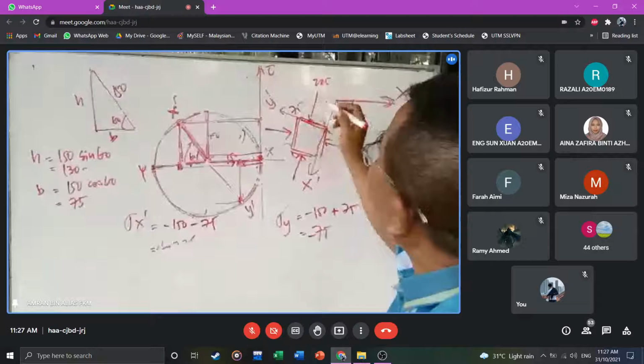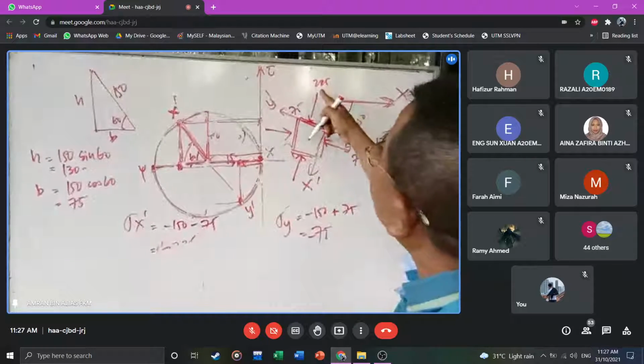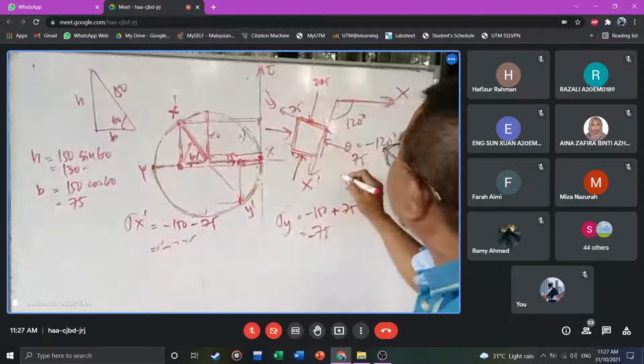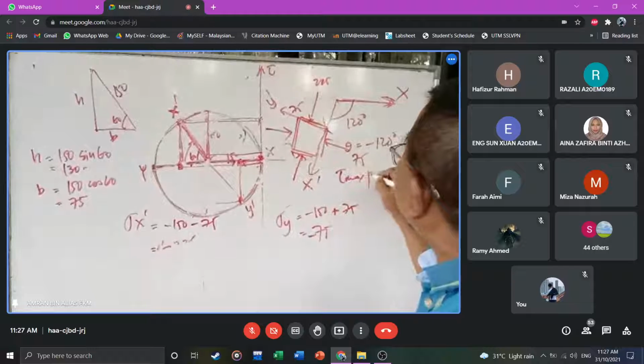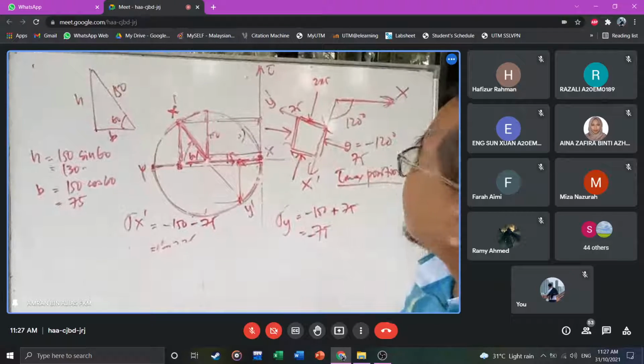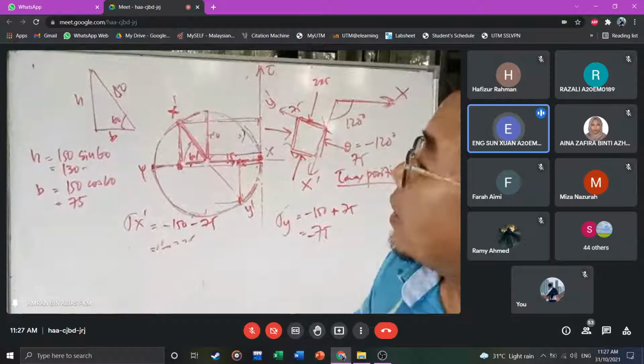So this is 75, this is 75. Negative, negative. This is how you draw the element in the maximum shear position, tau max position. Are you with me? Yes, doctor.